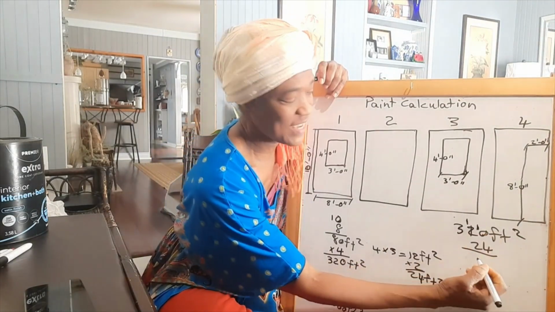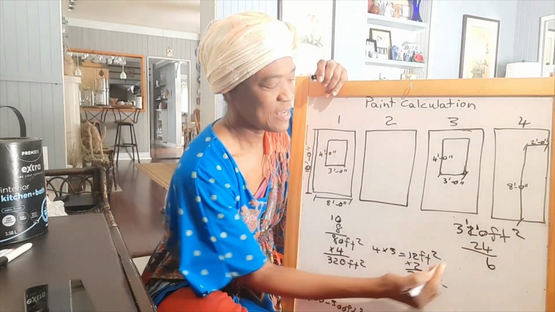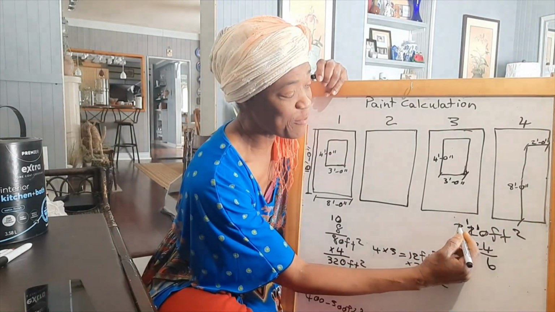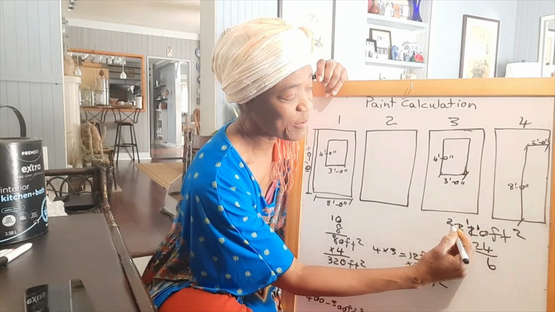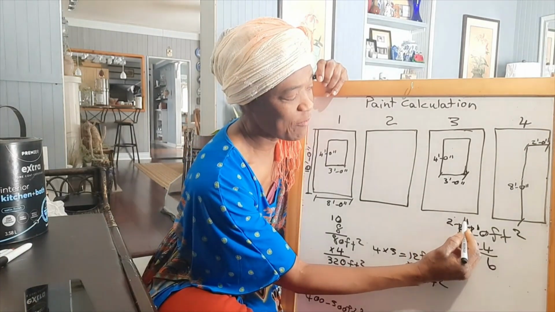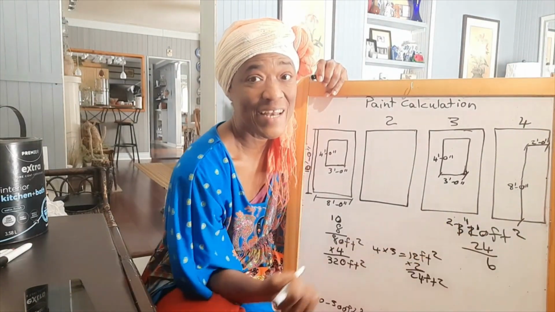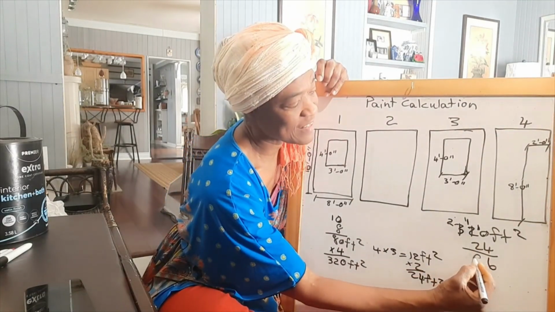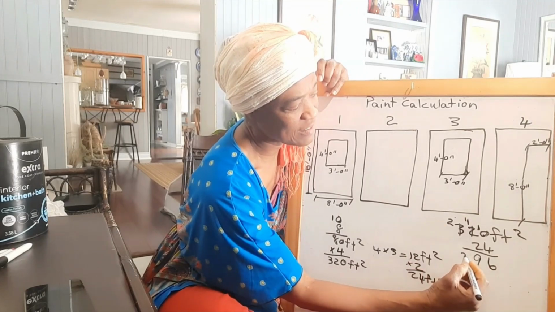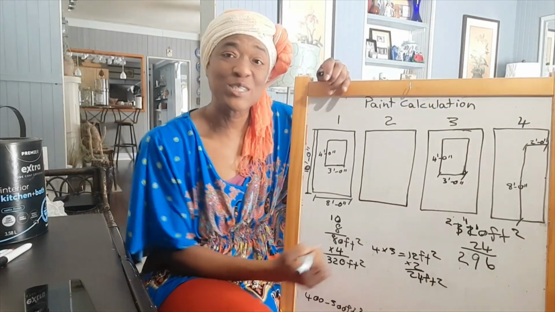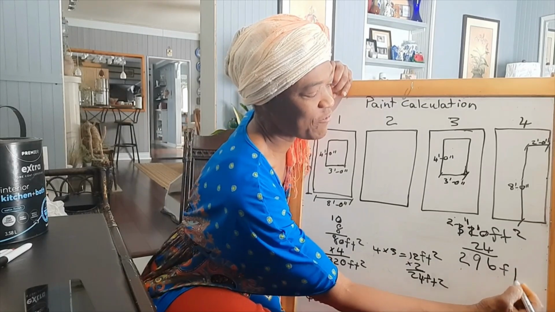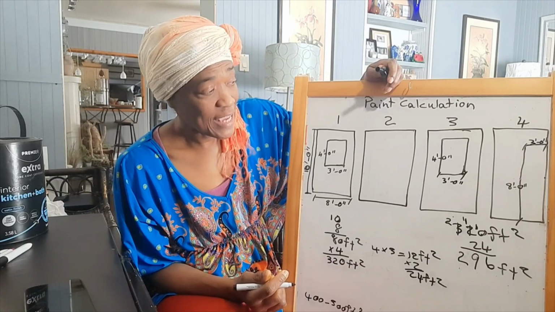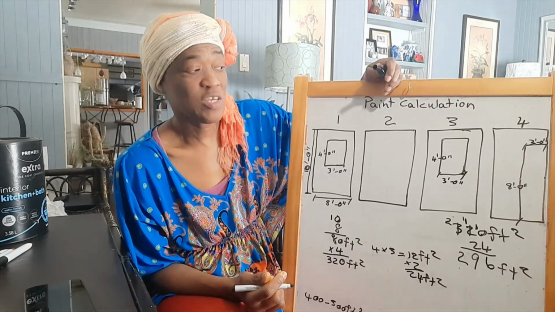So 4 from 10 is 6. Now we can't take 2 from 1 here, so we have to borrow 1 from the hundreds over here. So we have 2 left here. Take it over here. This now becomes 11, and 2 from 11 is 9. Then we take this 2 down. So we have 296 feet squared left.